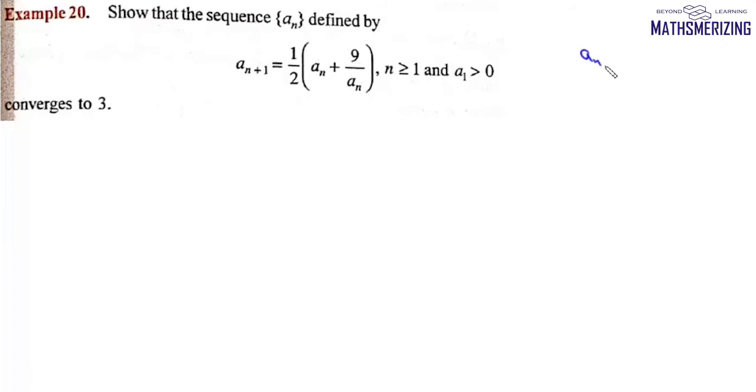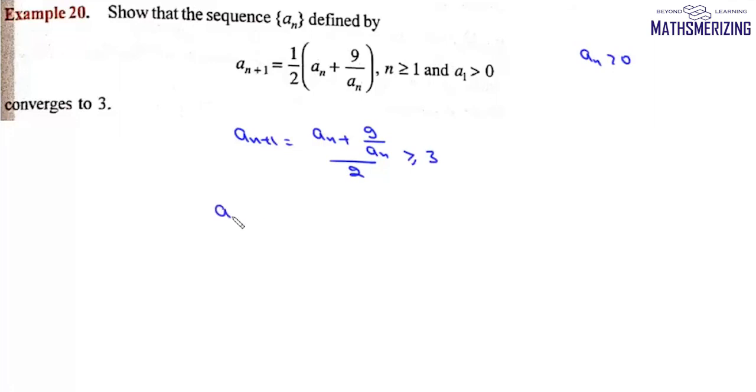Any term of the sequence is a positive number. Now if we write an plus 1 as (an plus 9 upon an) by 2, then the arithmetic mean is always greater than or equal to its geometric mean, which is 3. So this an plus 1 will be greater than or equal to 3.